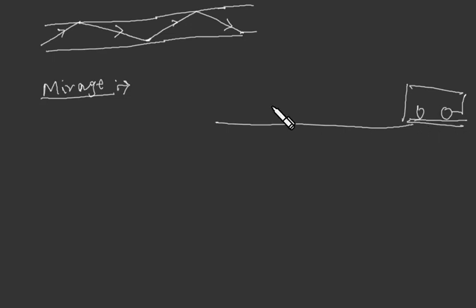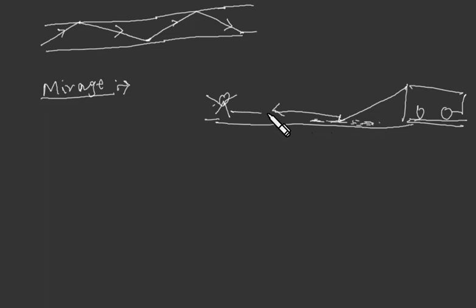Let's say there is a truck, and sometimes it looks like there is water and we see the reflection of the truck on the street.